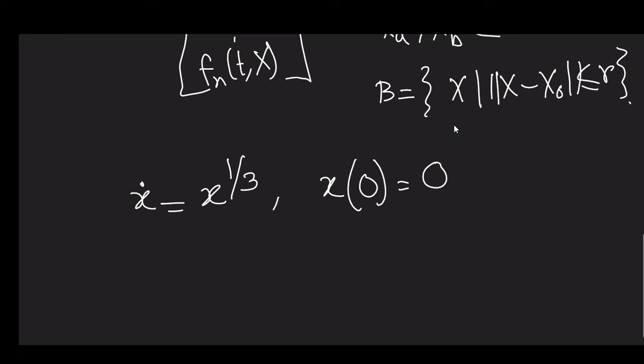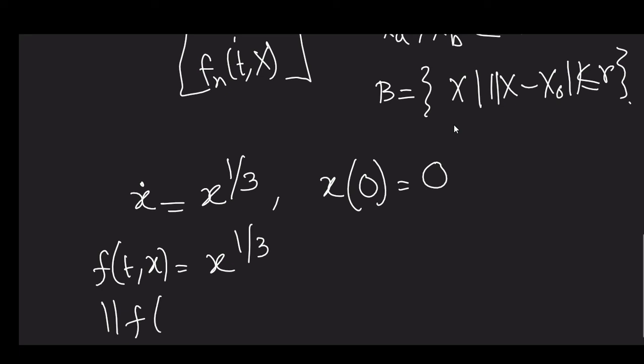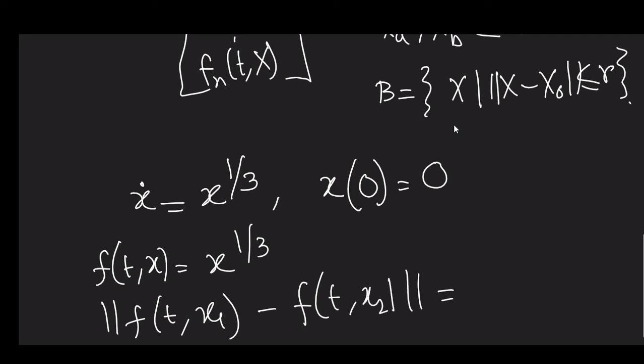Let us check. Your f of t comma x is x to the power 1 by 3. So let us take f of t comma x1 minus f of t comma x2. What you will get here is the norm of x1 to the power 1 by 3 minus x2 to the power 1 by 3, right?